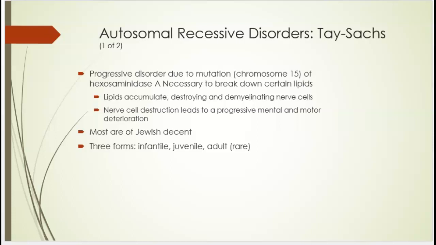And it leads to progressive mental and motor deterioration. Most are of Jewish descent, so they will do genetic testing to make sure that the patients don't have that. There's 3 forms: infantile, juvenile, and adult. Adult is really rare because you will generally find it early and hopefully treat it early, but I believe there's a lot of genetic testing for that.